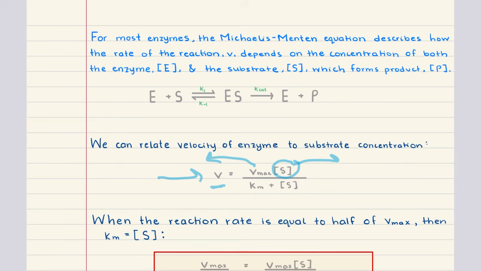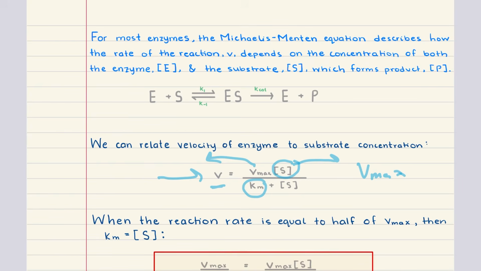Vmax is the maximum possible rate when the enzyme is saturated. And Km is the Michaelis constant. We're going to define this more precisely in just a moment. But this equation tells us that at low substrate concentrations, the rate increases sharply with small increases in substrate. But at high substrate concentrations, the rate levels off and approaches Vmax.